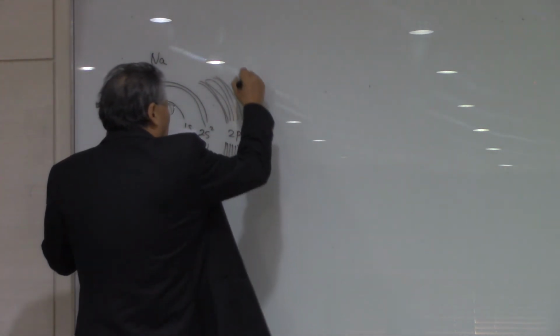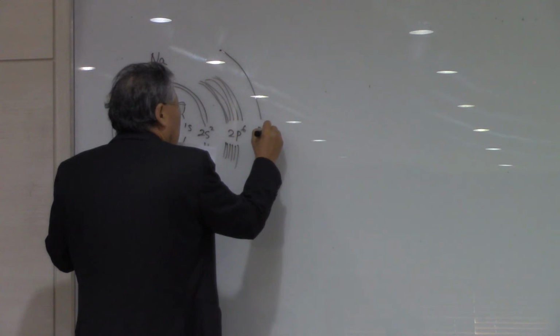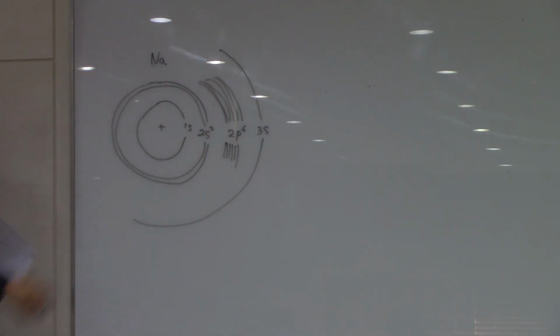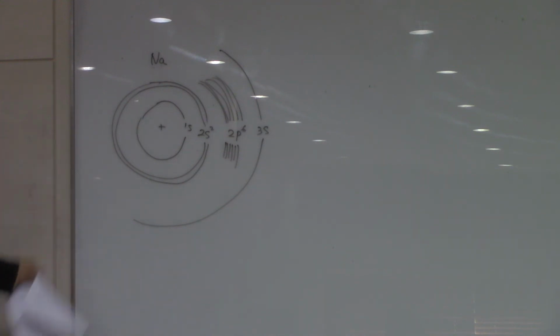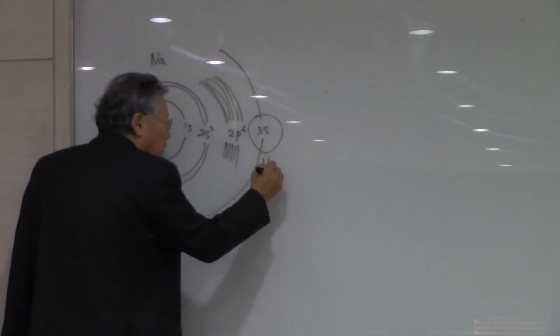And at the very end, we have one electron very far outside of the sodium atom, like this. It has a configuration of electrons just like this, okay? And this electron we call the valence electron.